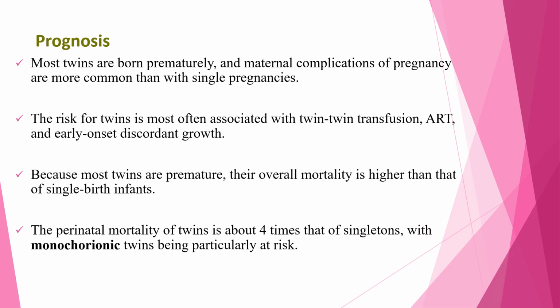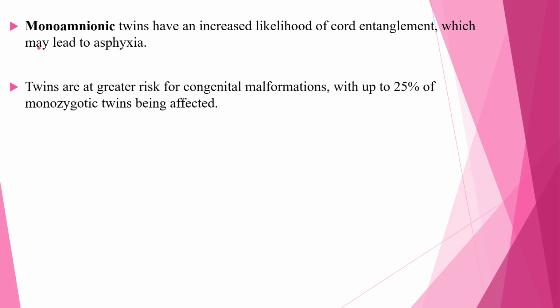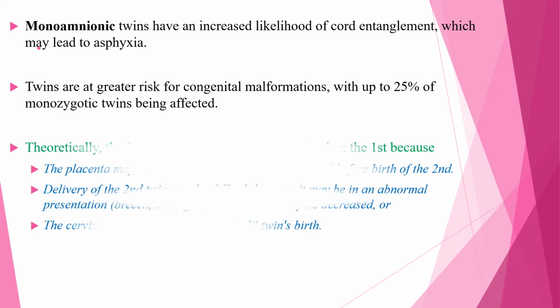The perinatal mortality of twins is about 4 times that of singletons, with monochorionic twins being particularly at risk. Monoamniotic twins have an increased likelihood of cord entanglement, which may lead to asphyxia. Twins are at greater risk for congenital malformations, with up to 25% of monozygotic twins being affected.